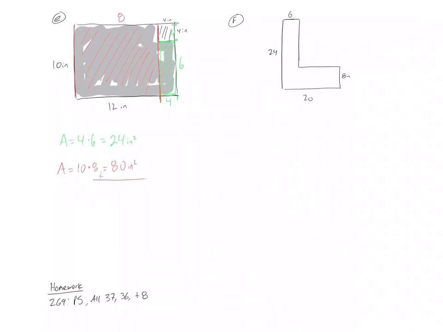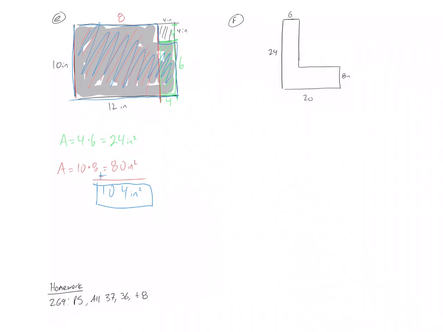If I add those two together to get a total here, it's going to give me 104 inches squared is the area of this whole big, what we call composite shape. All the red and the green together.